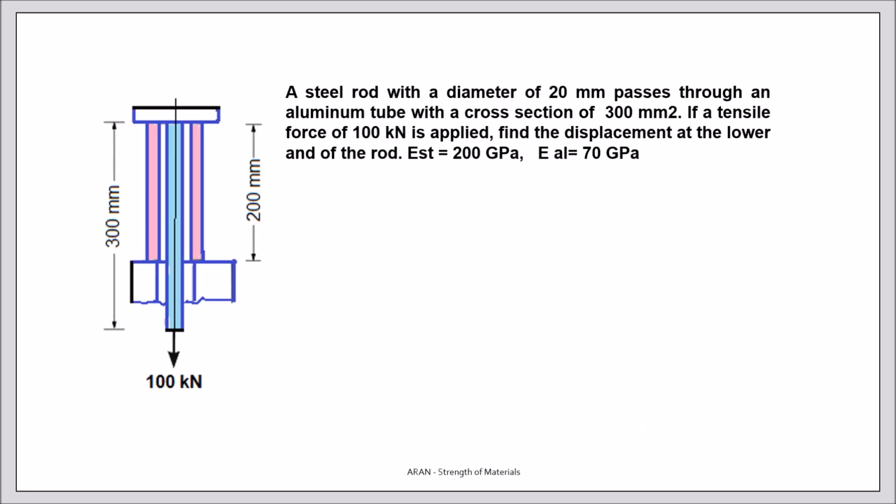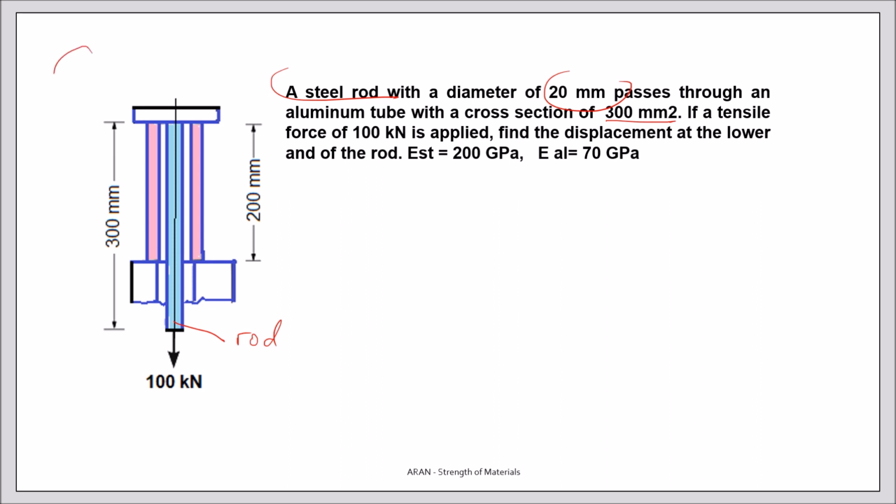Another problem. Well, we have a steel rod. Well, this is the blue one, rod. Its diameter is 20 millimeter. It passes through an aluminum tube with a cross section of 300 millimeters square.